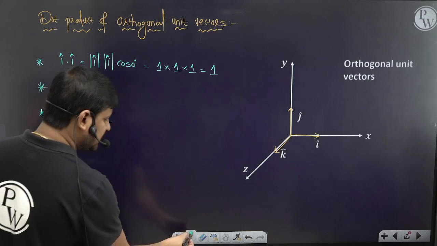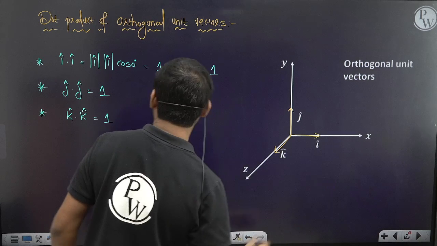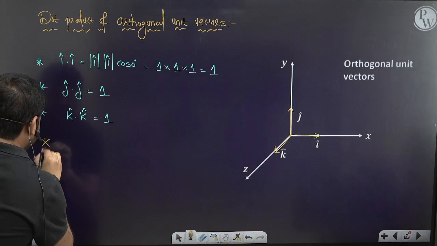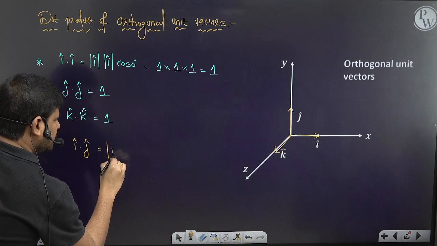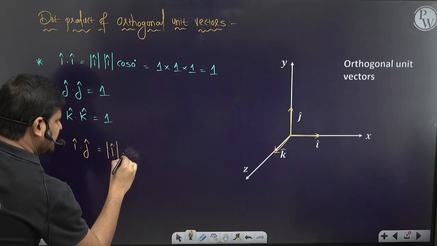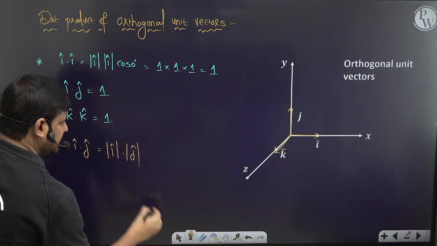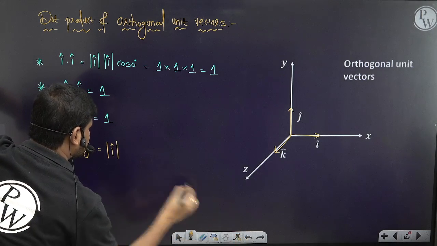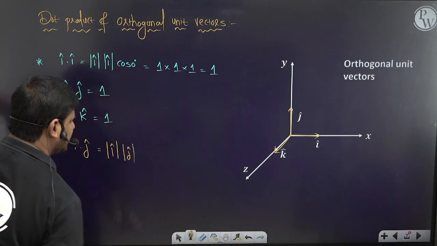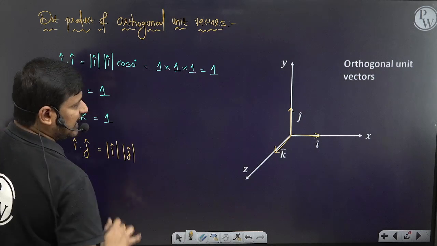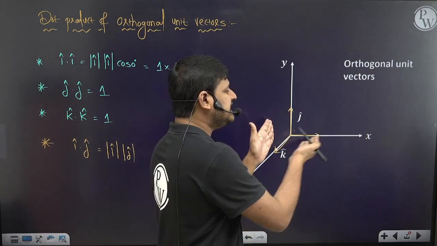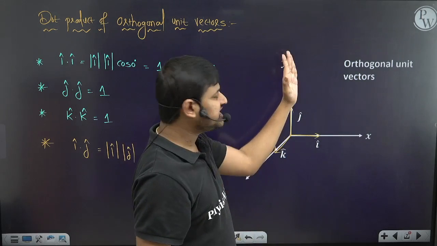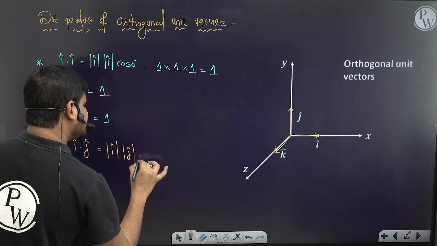Chalo. The next thing you have to understand is i dot j. Let's take i dot j, okay? It is going to be the magnitude of i into the magnitude of j into cos of the angle between the i unit vector and the j unit vector. i is in the x direction, j is in the y direction, so the angle is going to be 90.